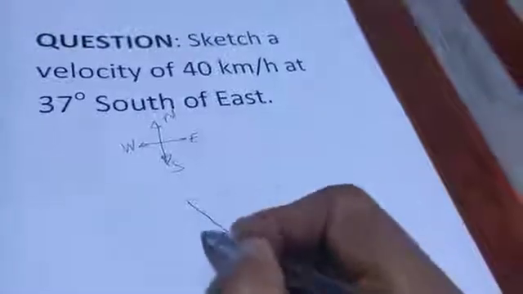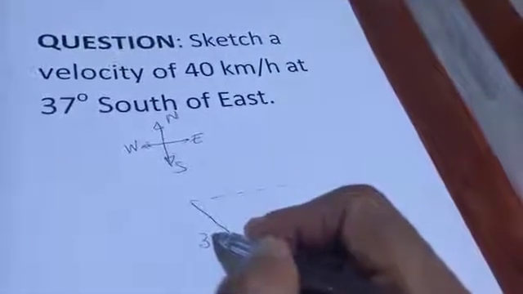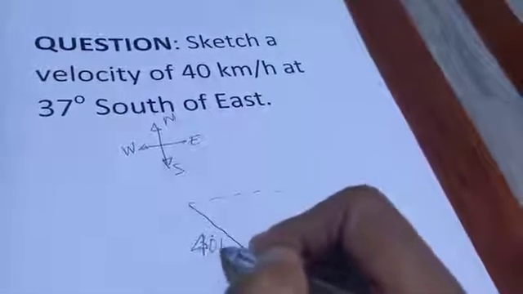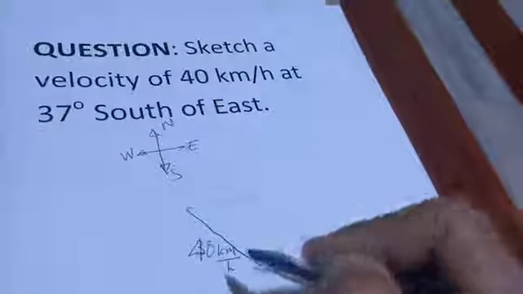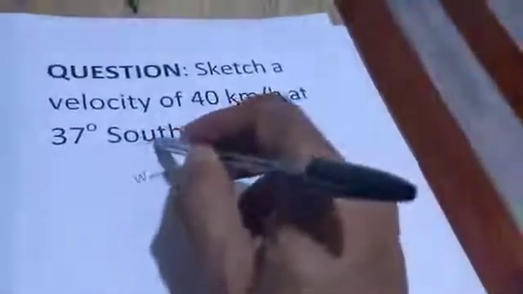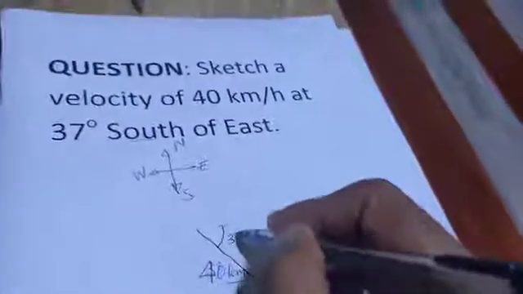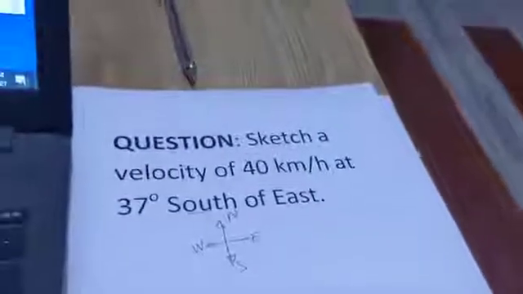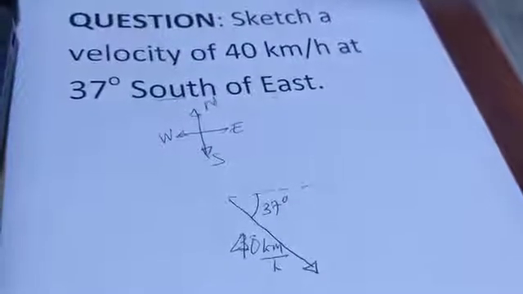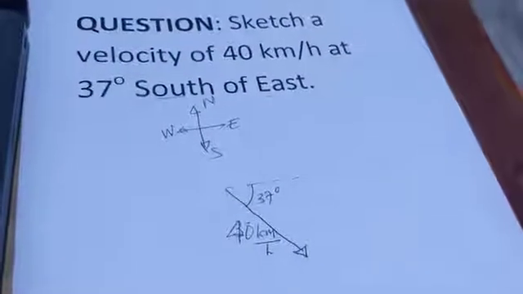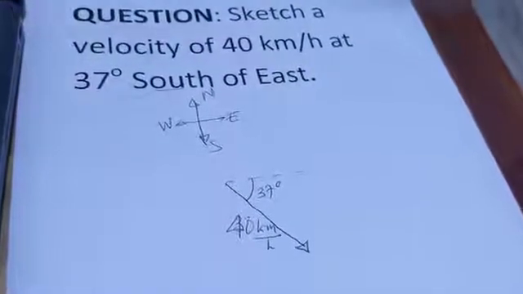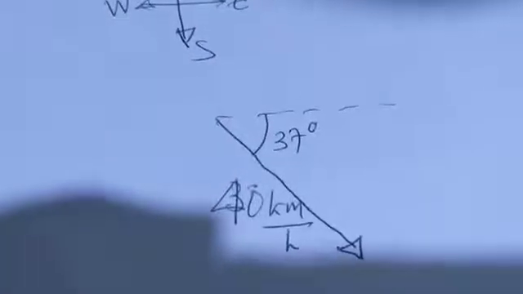This is the magnitude of 40 km per hour, and it is south of east. It will go to the south, but in the direction of east. So you can have here 37 degrees. This is the sketch or the representation of 40 km per hour at 37 degrees south of east.